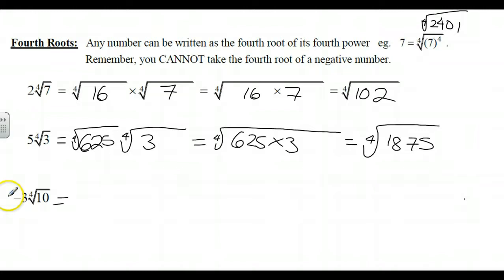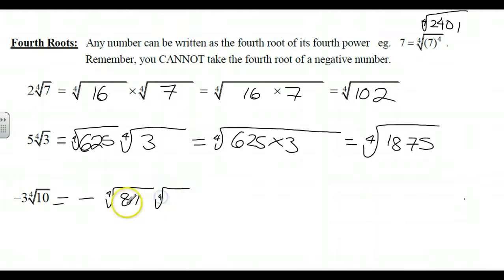Negative, so we can't pull the negative 3 under. We can't take negative 3 and raise it to the 4th, because it'll become positive and we'll end up with a positive here. And we need to end up with a negative. So the negative stays in front. 3 to the 4th is 81. So the fourth root of 81 and 3 are exactly the same thing, right?